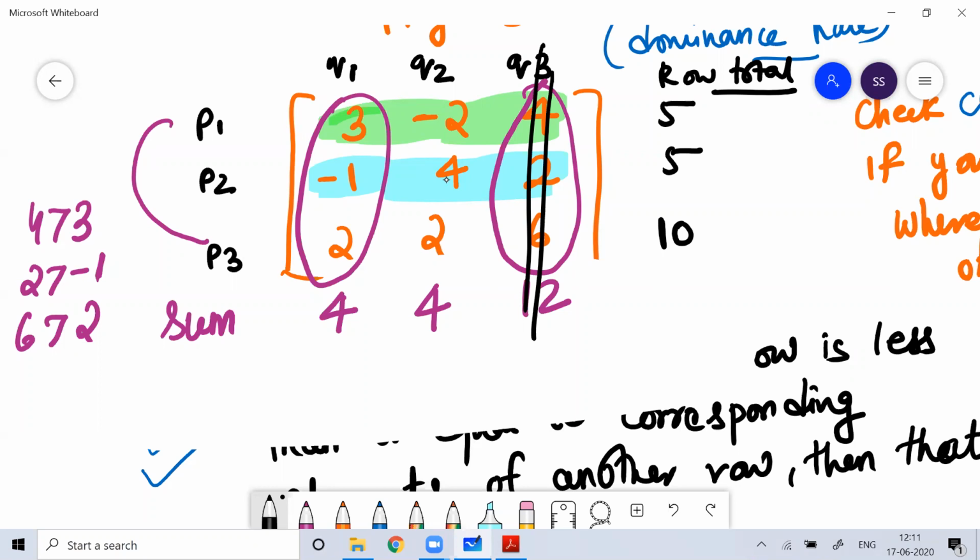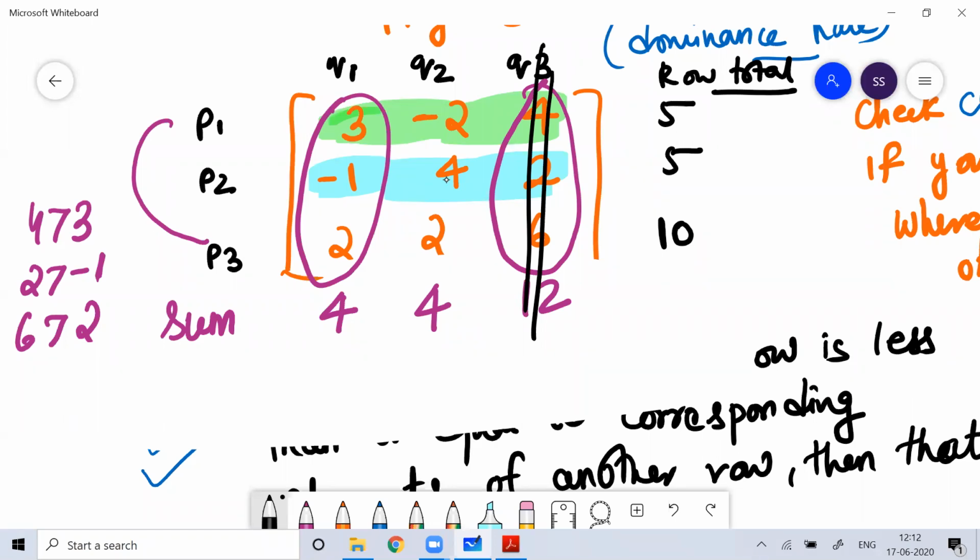And you have to compare one element with the other element row wise. If you find any row where all the elements of that row are less than or equal to all the elements of another row, then you have to delete that row.